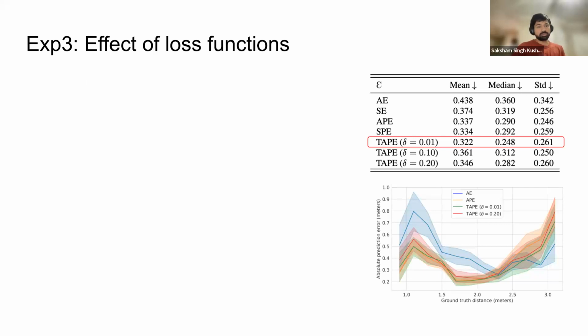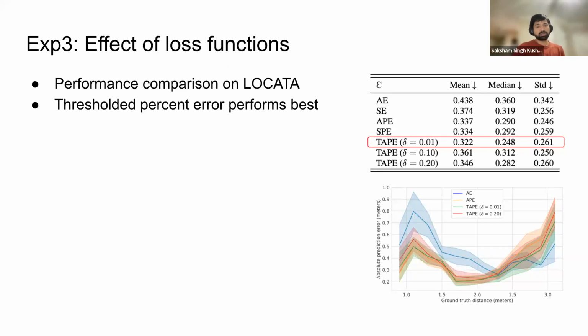We further try to explore the effect of different losses and the reason for the benefit of percentage-based errors. We compare the performance of different losses over Locata test data. We see that thresholded percentage error based loss performs best, and percentage error losses in general perform better than standard L1, L2 losses.